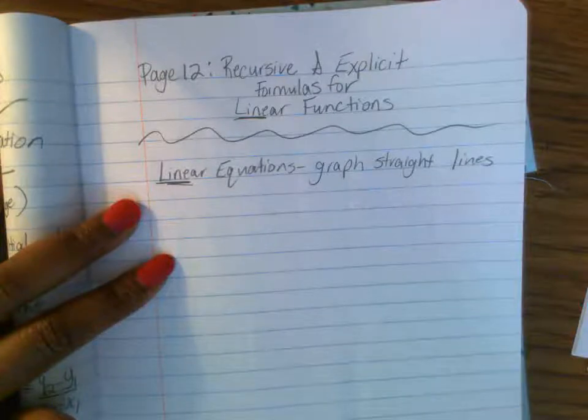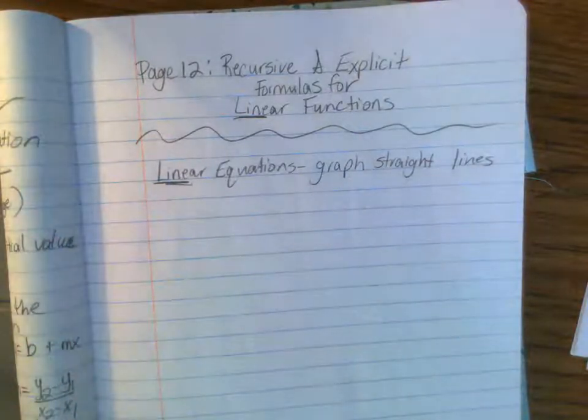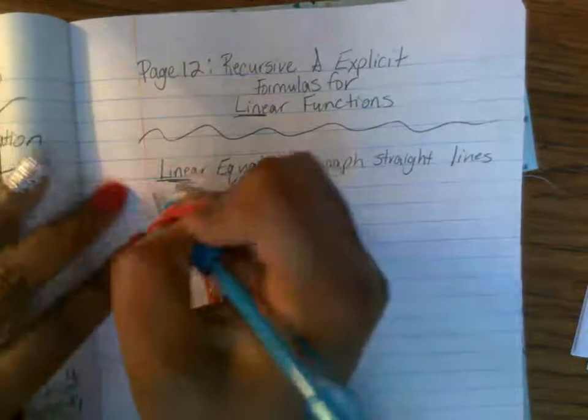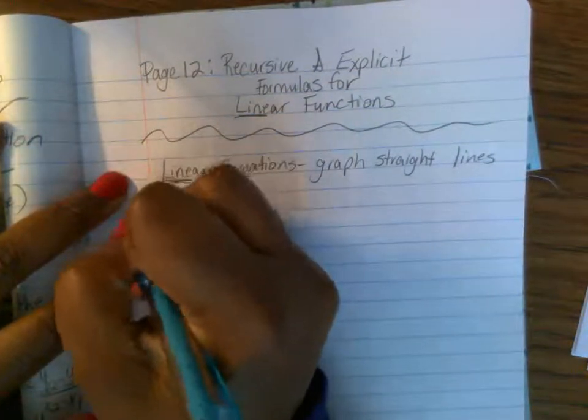Recursive and explicit formulas are other ways to write a function or an equation. Okay, and I'm going to put an asterisk here so you'll know.